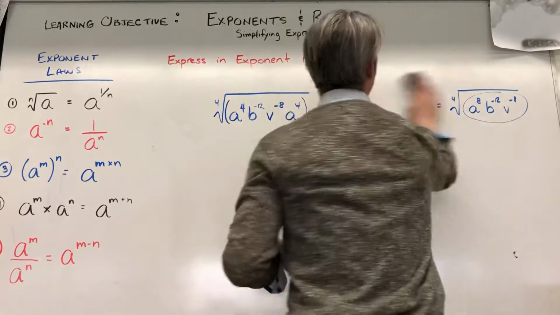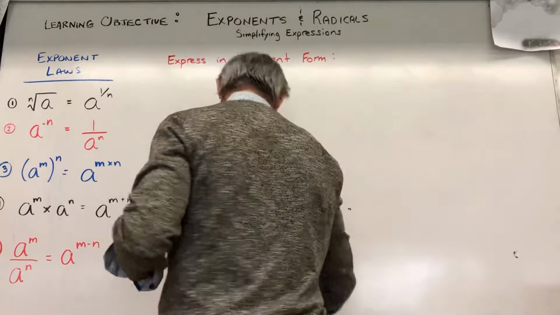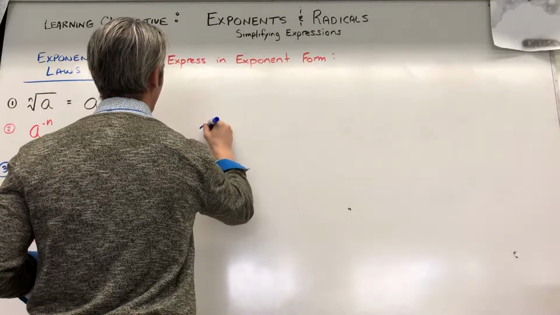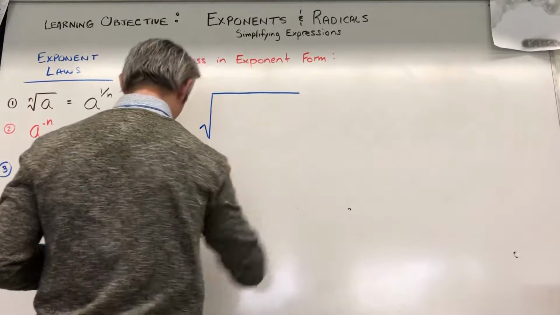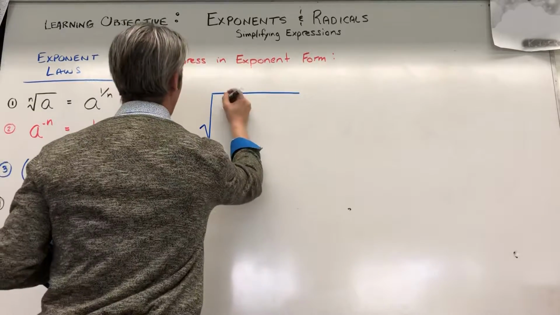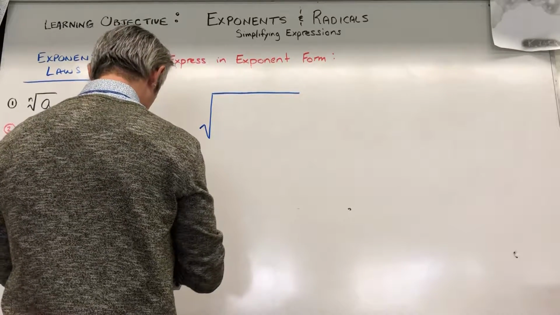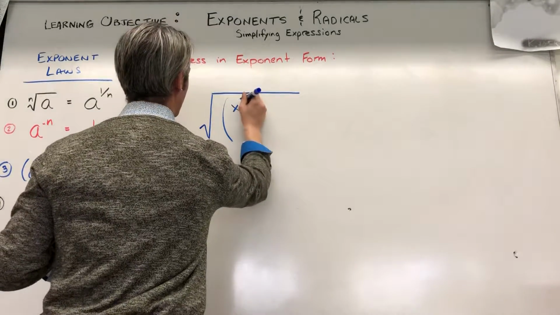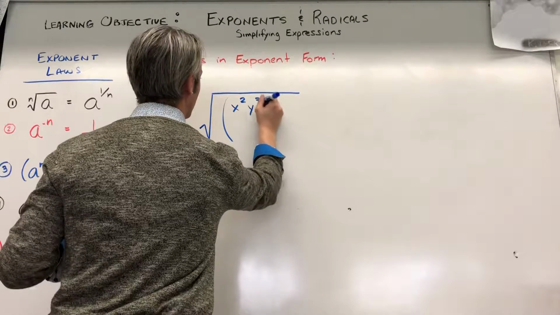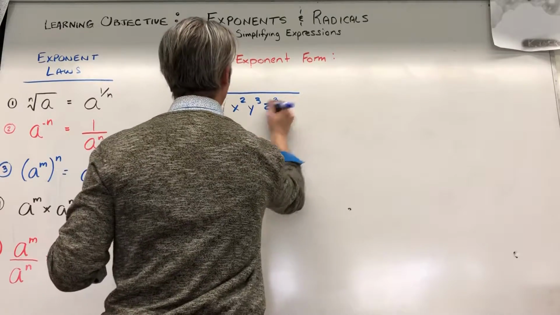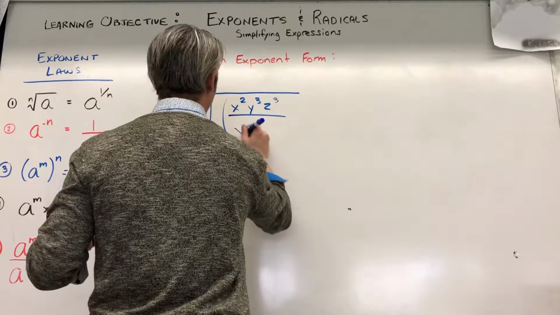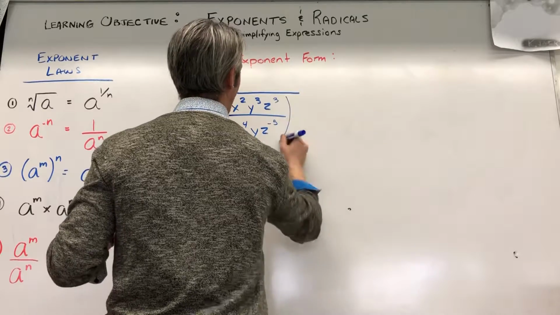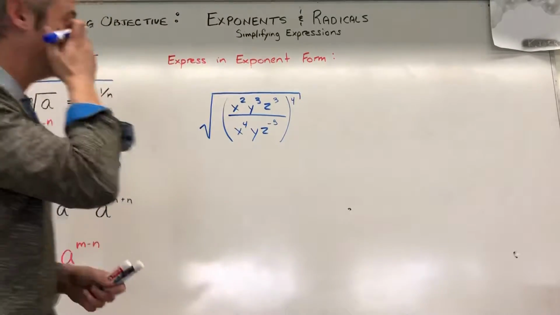So one last example. Let's say I had the square root of x squared, y cubed, z cubed over x to the 4, y, z to the negative 5, all to the power of 4, and all being square rooted.